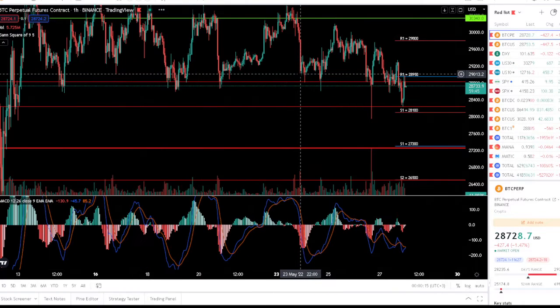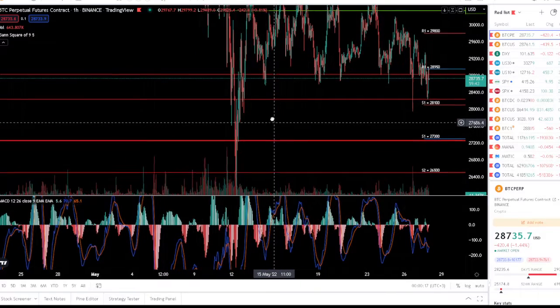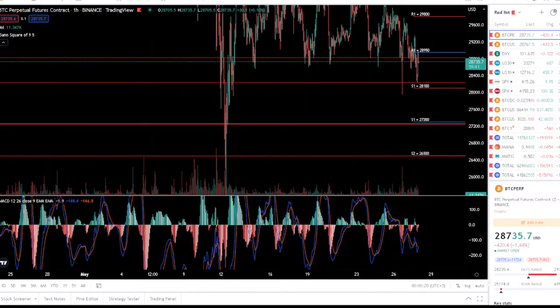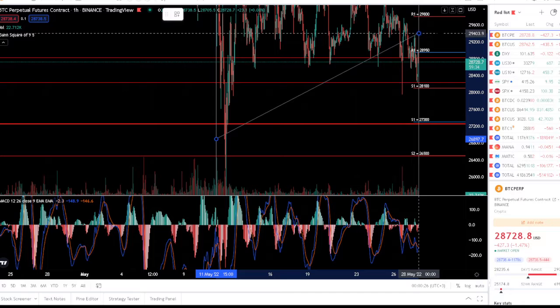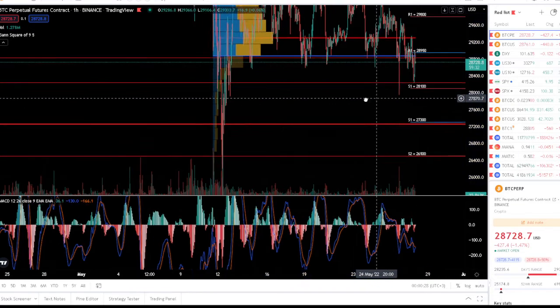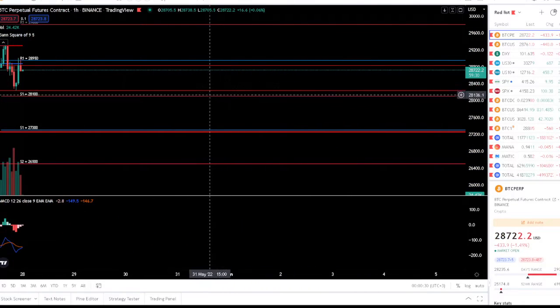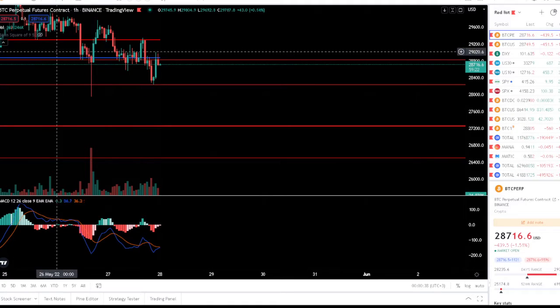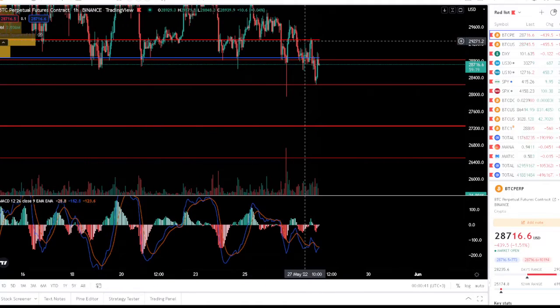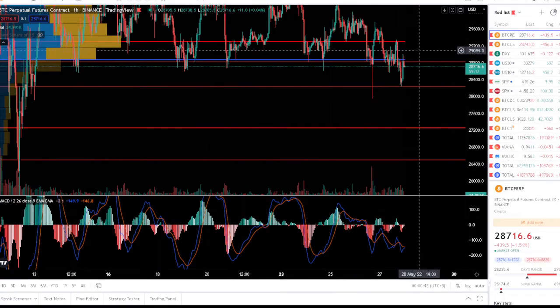looking at this range we have formed, if we pull out a fixed range volume all the way here, you would see that we had a rejection at the point of control over here, as you can see.